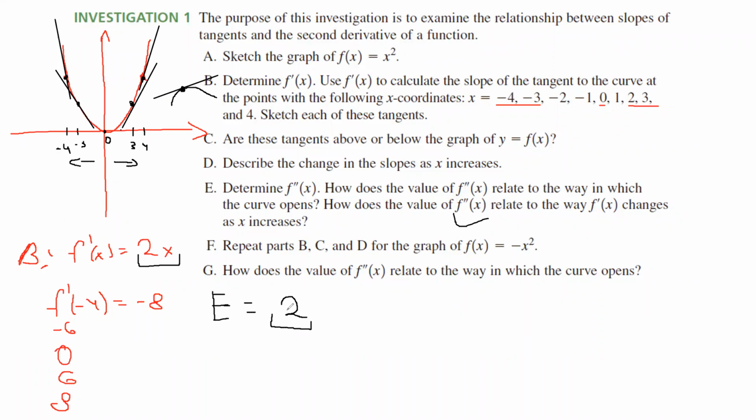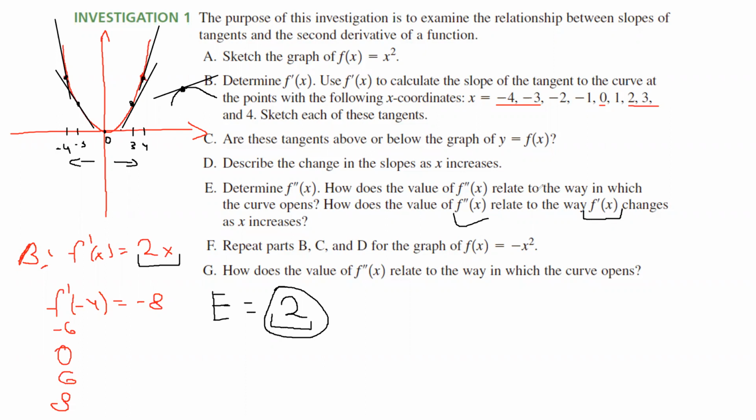Basically what I can see here is, if my second derivative is positive, it means that my function is growing to both sides. Isn't it? So here we ask how the first derivative changes.